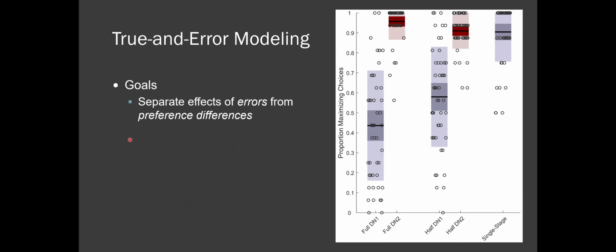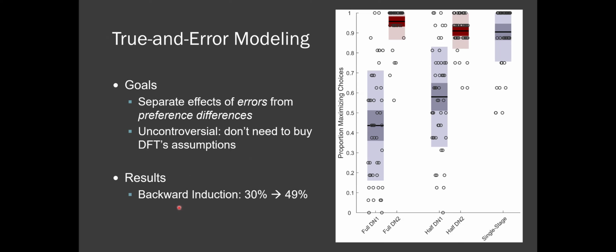So we can apply our true and error modeling to this data, and the idea here is that we can use this model to separate out the effects of random errors from differences in preferences. And we can do this in a kind of uncontroversial way where you don't need to necessarily buy into the assumptions of DFT.